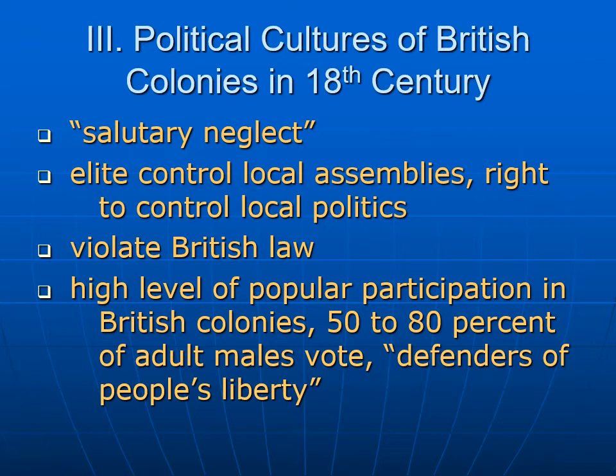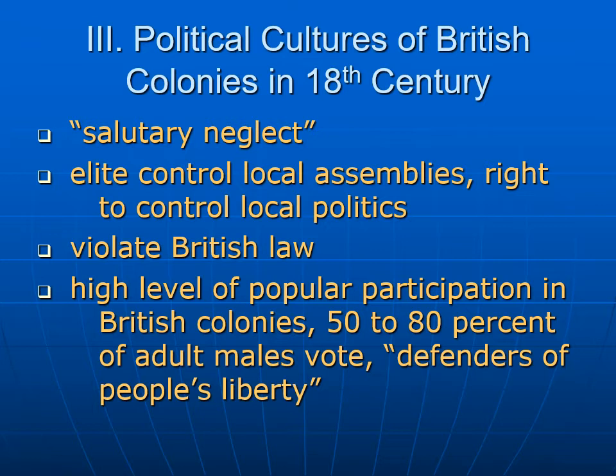So salutary neglect, this political tradition of self-governance, of being left alone, of being able to govern our own affairs, of even when the king does stuff that's designed to intervene, we just ignore that and do whatever the hell we want anyways. Yeah, that's something that binds together in some cases 80% of all white men in a colony.